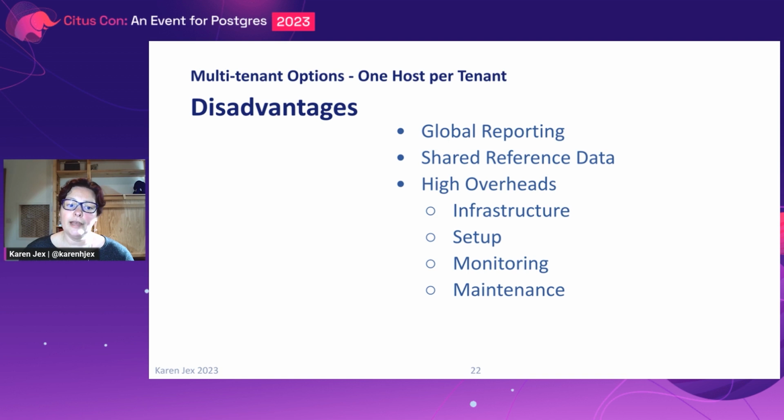And you have high overheads because you need to set up an entire new VM with its Postgres cluster, the database, the schema, etc., every time you add a franchise. You've then got to set up your monitoring, maintenance, and all of your different tasks for each franchise.